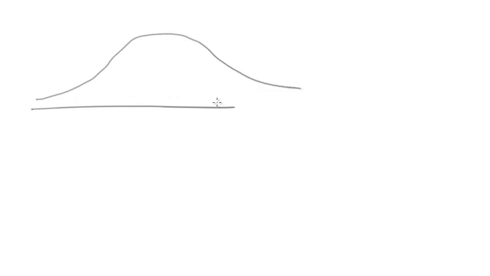So let's have another look at that picture, the one that I've just erased. Sorry about that. If I've got 0.95 in the middle, and I've got 0.025 here and another 0.025 here, then I'm trying to find these cutoff values. And we're going to call these critical values, Z sub alpha.